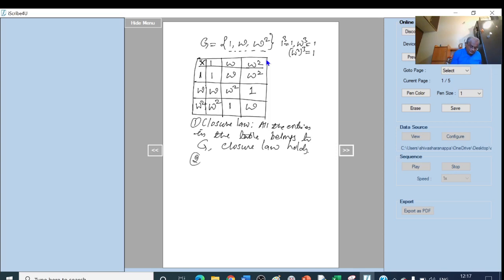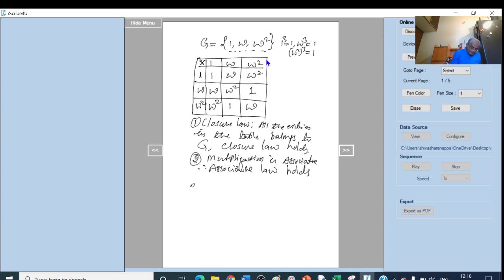Second one, multiplication is associative. So therefore, associative law holds.